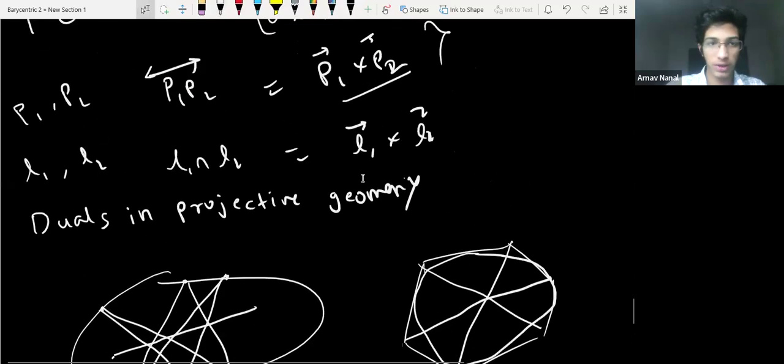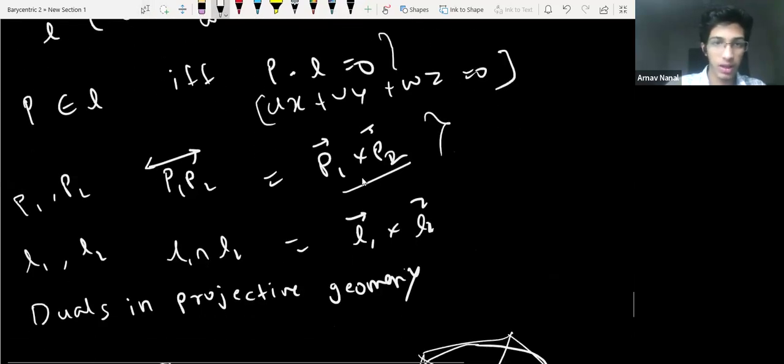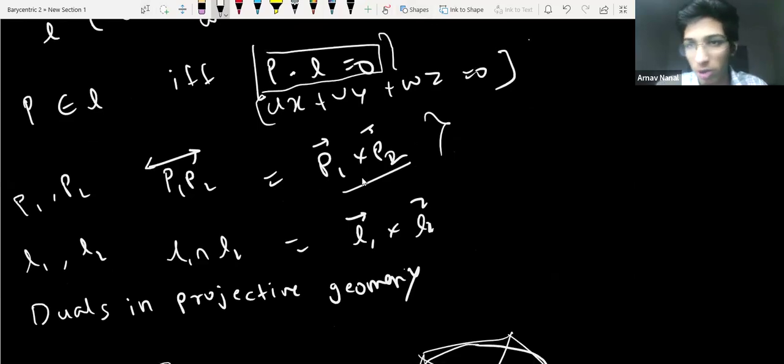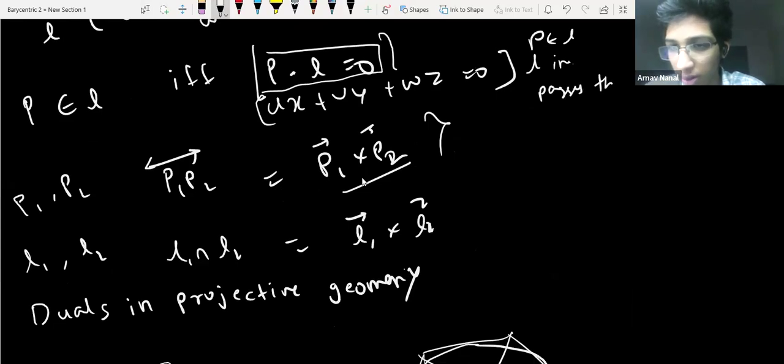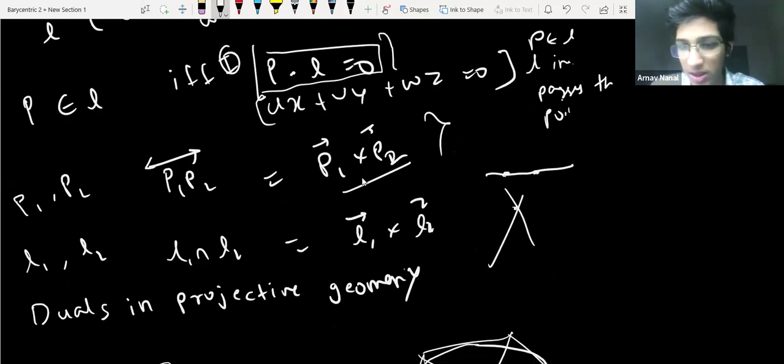So that is why the incidence thing is mutual. It's not like point and line are different things. So point belonging to line is equally the same as saying line passes through point. So this is the incidence condition. And if you want to draw a line through 2 points, the dual of this would be taking 2 lines and intersecting them at a point.